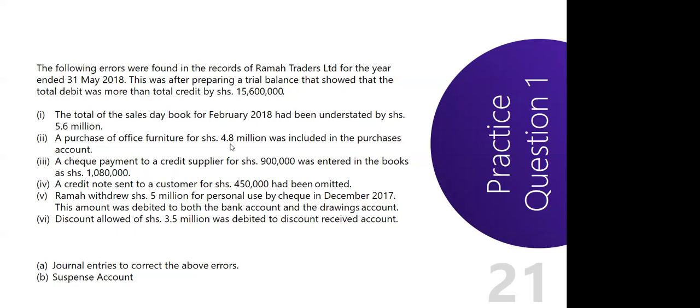So now for us to get out the 180,000 difference, what are we going to do to that supplier's account? Are we going to debit it? Are we going to credit it with the 180,000? So we credit it.